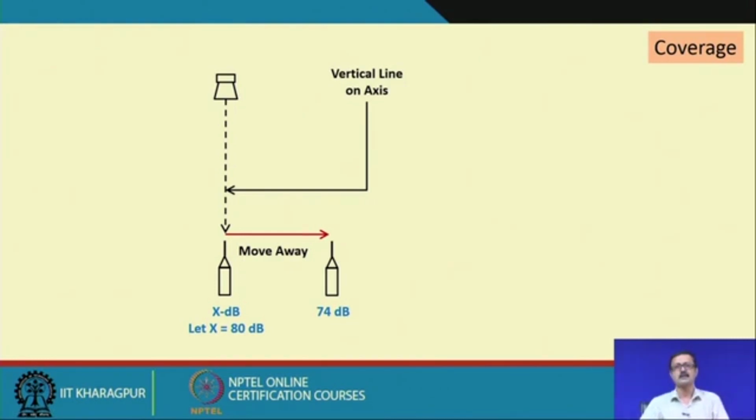So, there is a 6 dB decrease from the on axis point. If I draw a line from the center point of the loudspeaker to the point where I recorded 74 dB, this inclined line is called the minus 6 dB off axis line.